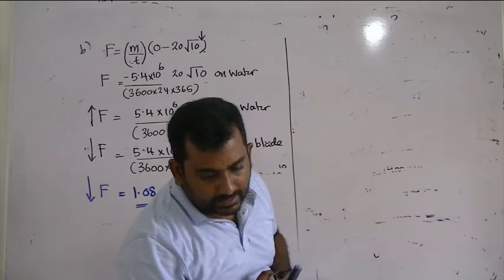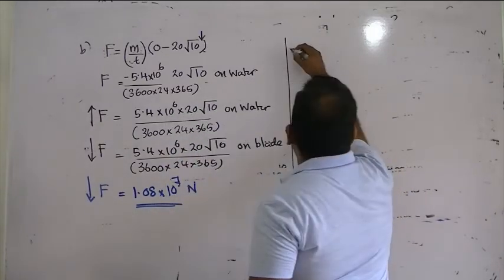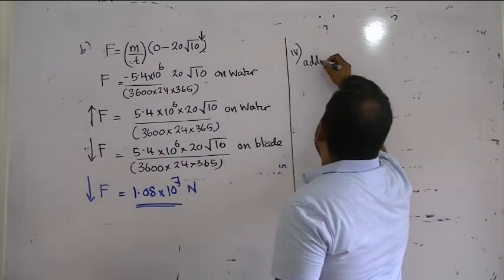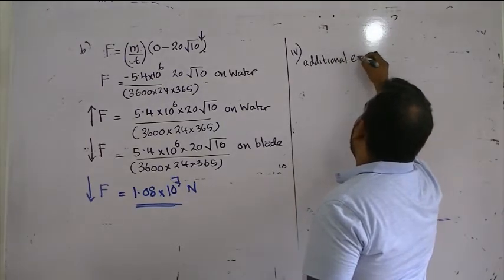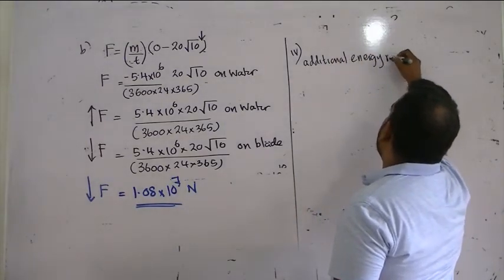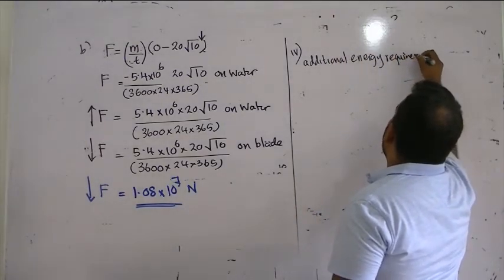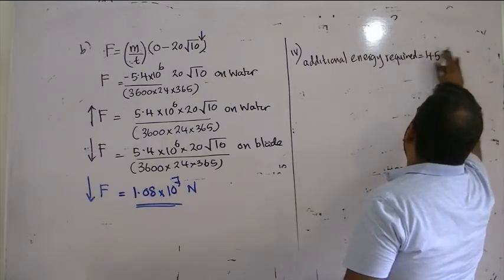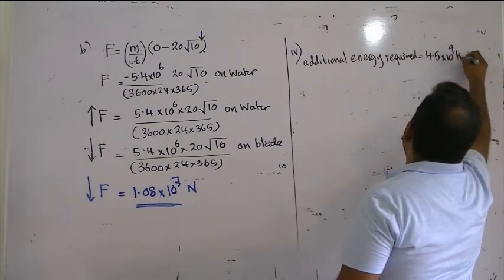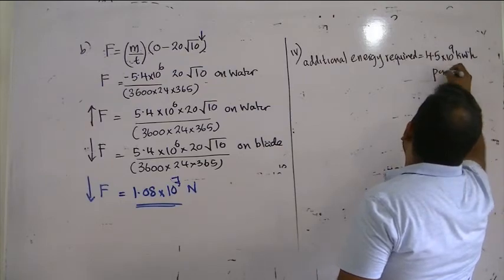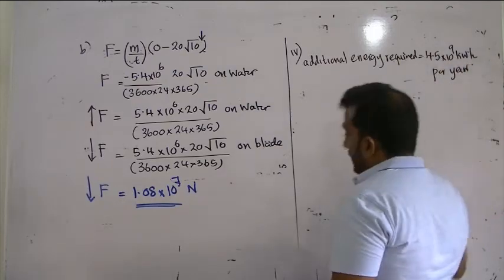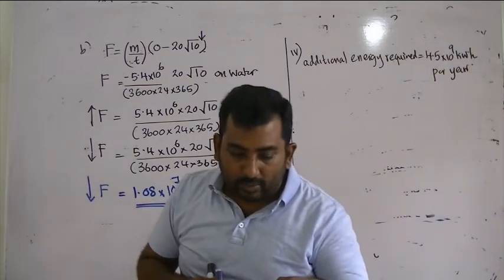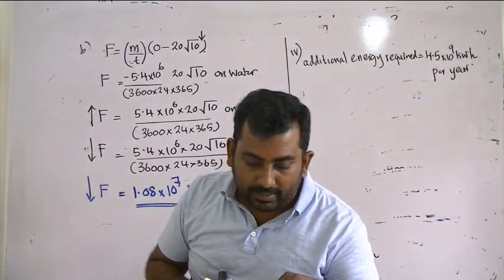This is part 4. Additional energy required is 4.5 times 10 to the power 9 kilowatt hour per year.